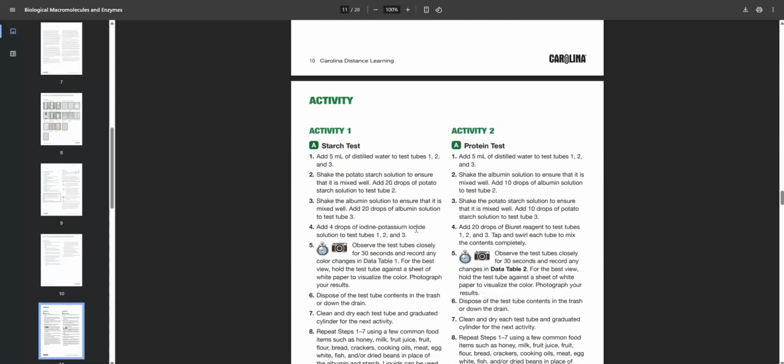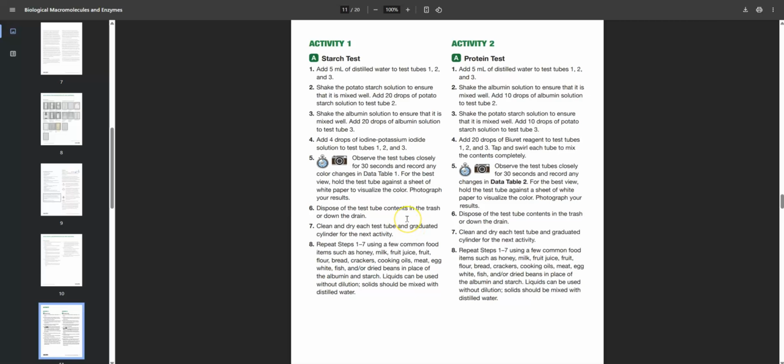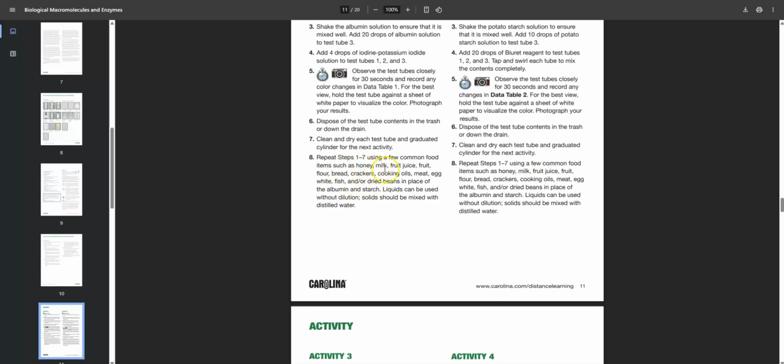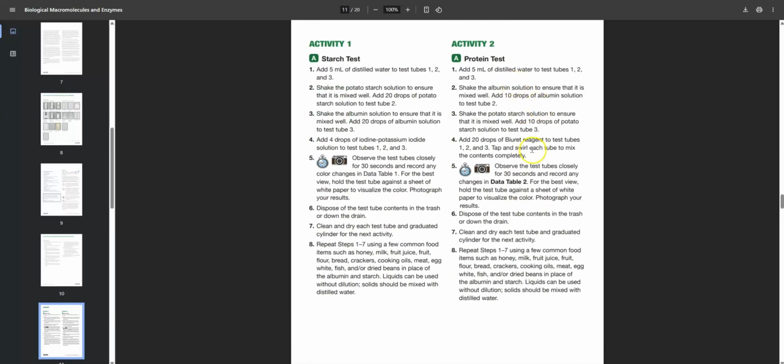Then you're going to go through and test these different foods for the macromolecule content. So you're going to see how much starch is in this potato starch solution, but you're also going to test some of the items that you bought. Same thing with the protein test.